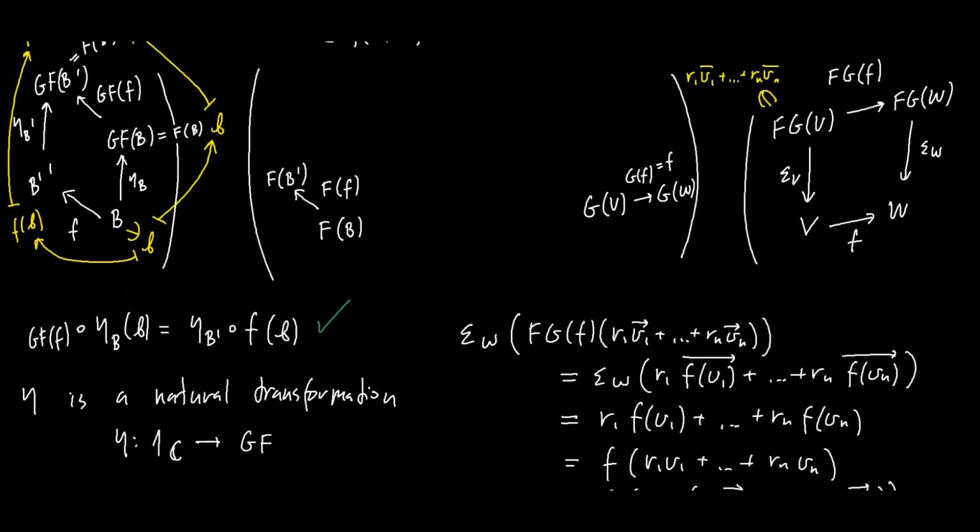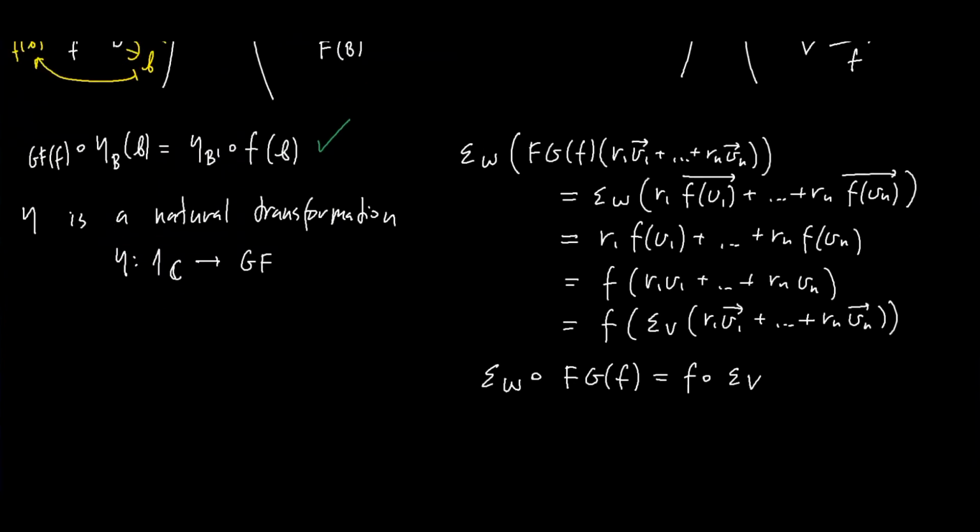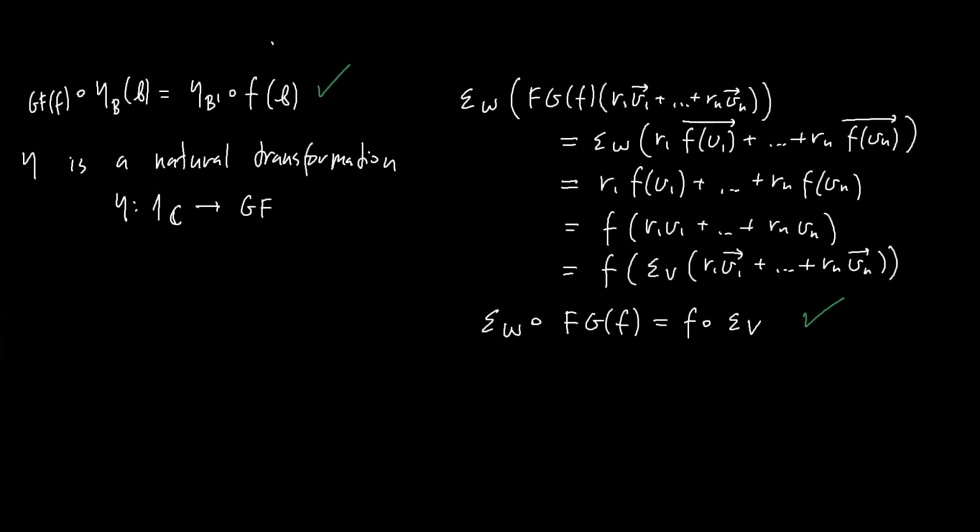We proved that going around this way in the diagram is the same as going around that way. So that diagram commutes. So we've proved that equality, and therefore we can say that epsilon is a natural transformation as well. It will be a natural transformation from Fg to identity functor of D.